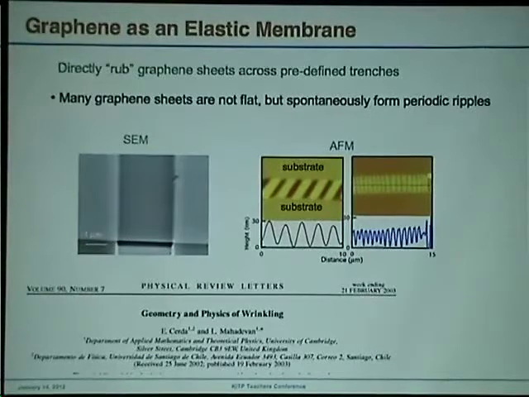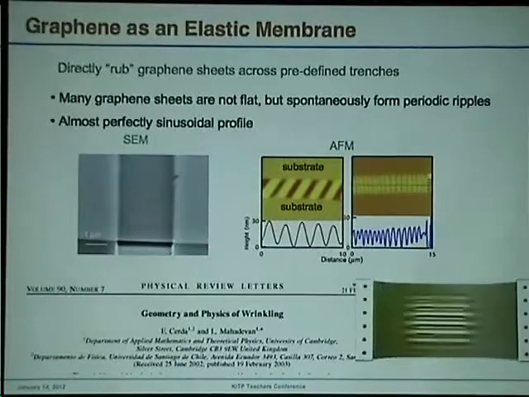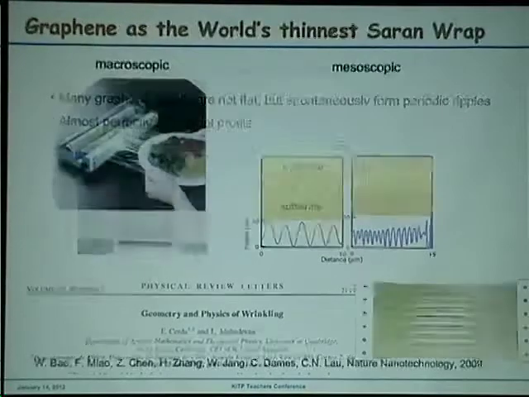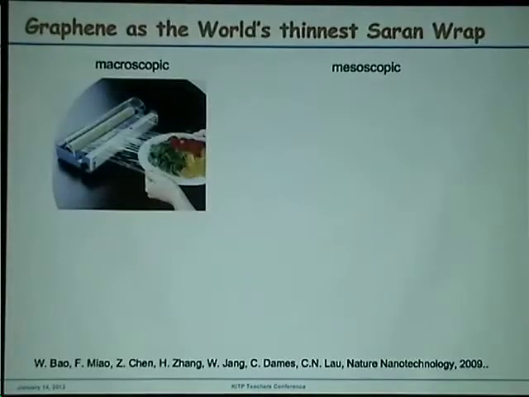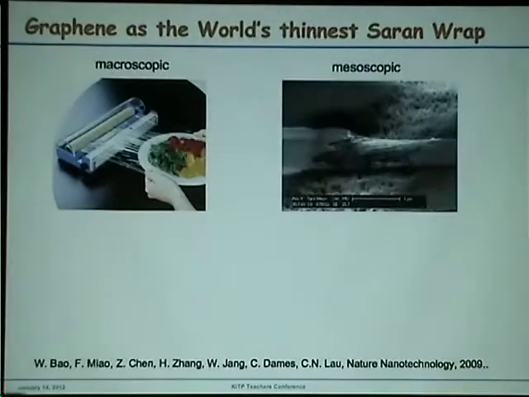This is a nice Physical Review article I'd like to mention, which explains how wrinkles form around the eye, and how the skin around the eye, when dried out, has those wrinkles. That's a really nice piece of article. So we found this, and we can explain our data perfectly. This is the illustration, and the take-home message is that graphene is the thinnest Saran wrap. We have all done this, right? You scale everything down to a single atomic level.